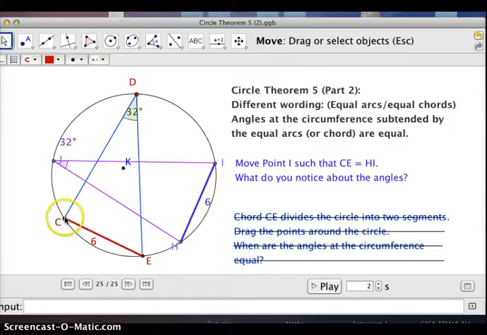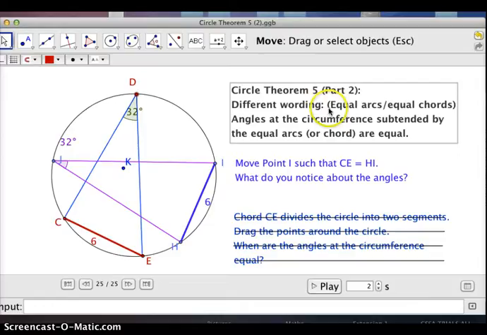And they would actually call it the minor arc CE because there are two ways to get from C to E. You can take the short distance from C to E, or you can take the long distance around the circle from C to E. So there are two arcs CE, the minor arc and the major arc. But here we're talking about the minor arc, okay?